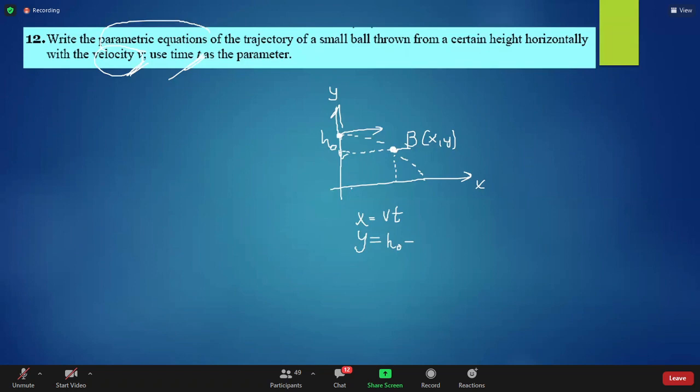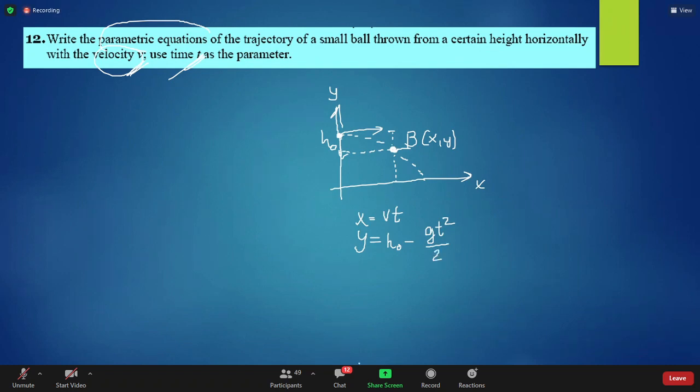Now that's a formula from physics, something that should be familiar, and that would be g t squared divided by 2. That's the distance traveled in time t under the acceleration of gravity.